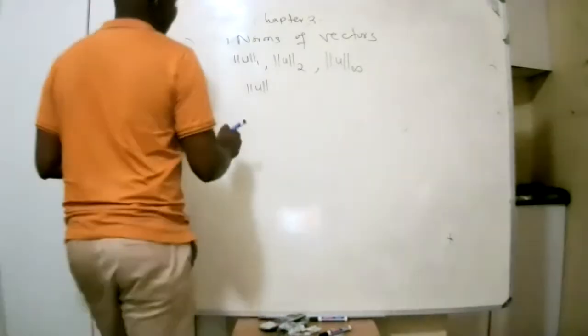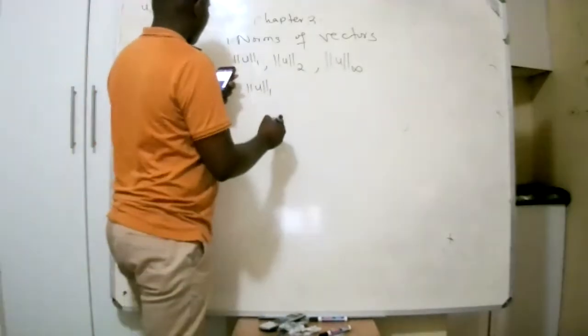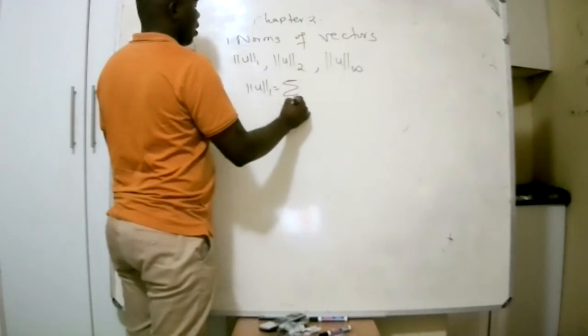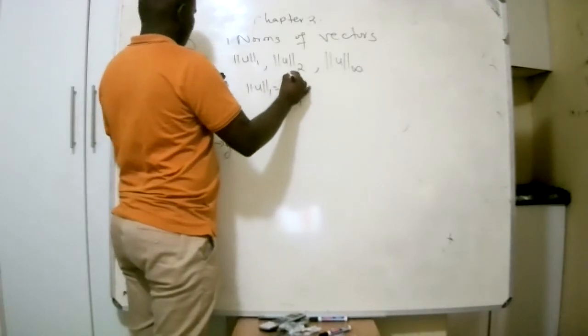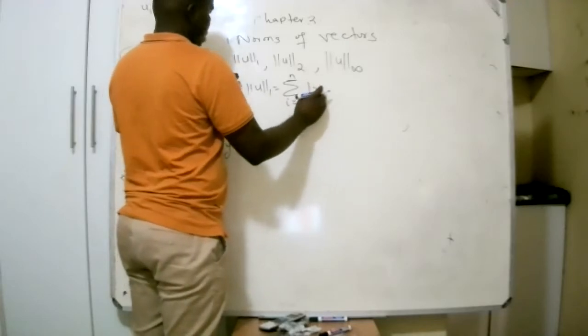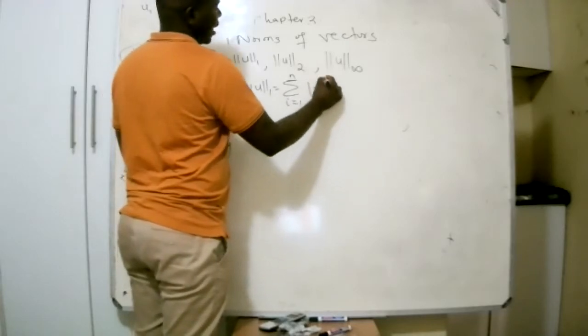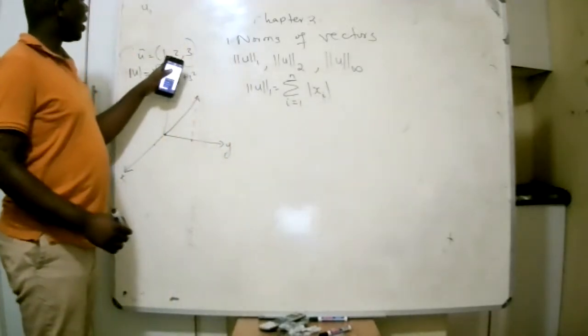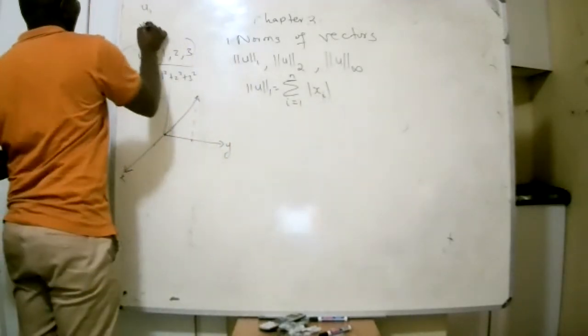The very first one there is norm 1. In the formula for norm 1, you read the sum from i equals 1 to n of the absolute value of xi. Xi means the components x1, x2. Let's say we have a vector x.